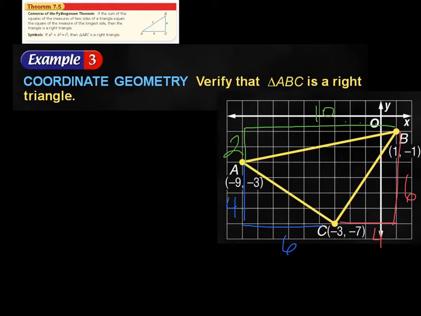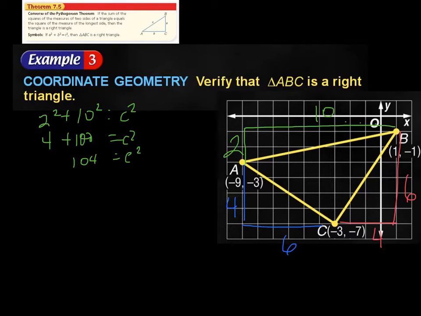So my green side, we have 2 squared plus 10 squared equals c squared. So 4 plus 100. And I'm just going to leave that as c squared, because that's what I'm actually checking.